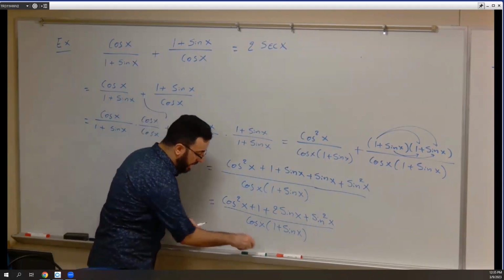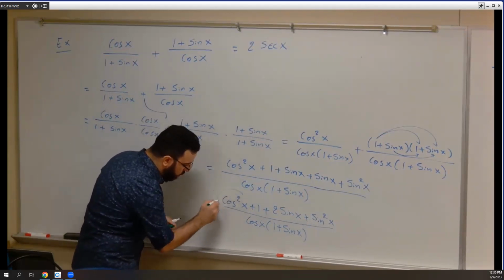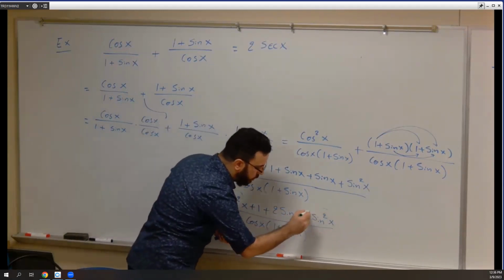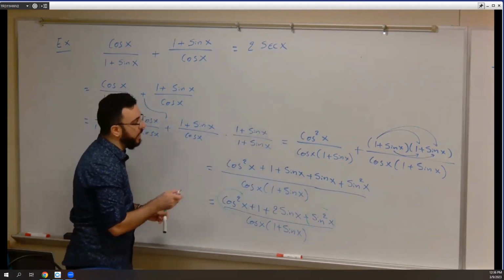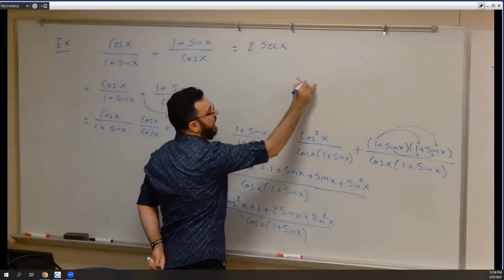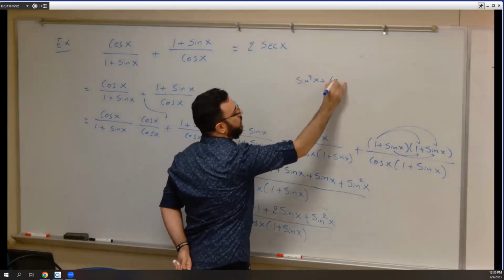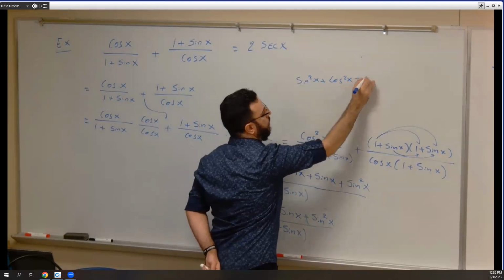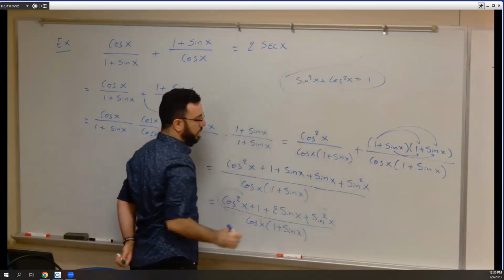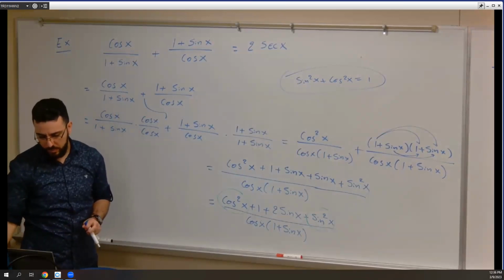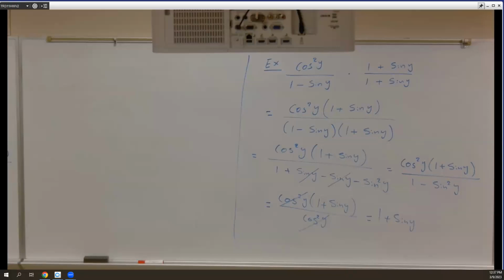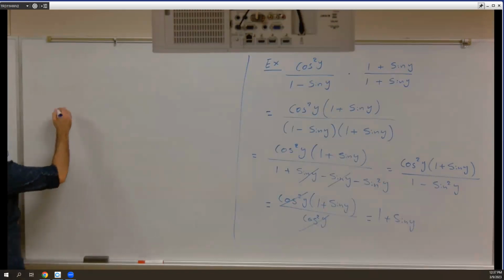That means this one I added to this one, the result is going to be 1, because there's a rule that says sine square x plus cosine square x equals 1. So I'm going to use this one. So now cosine square x plus sine square x is going to be 1.